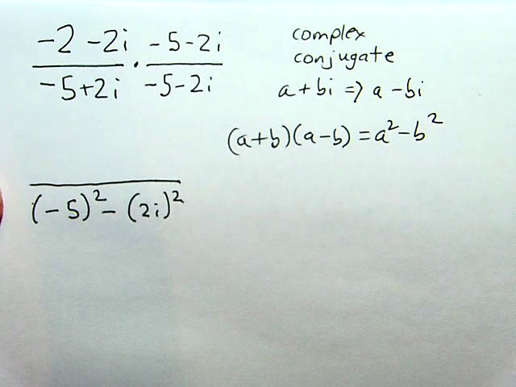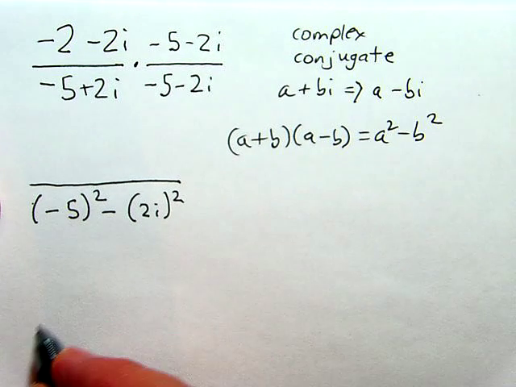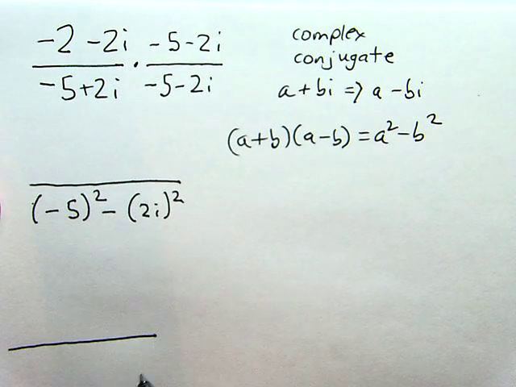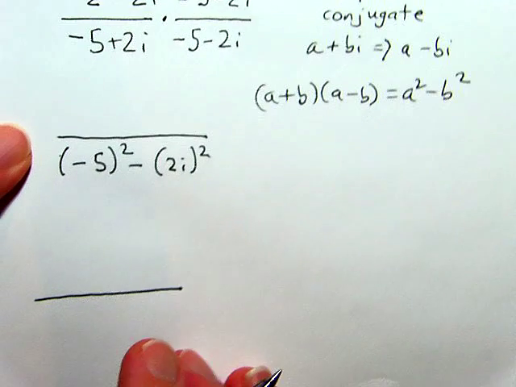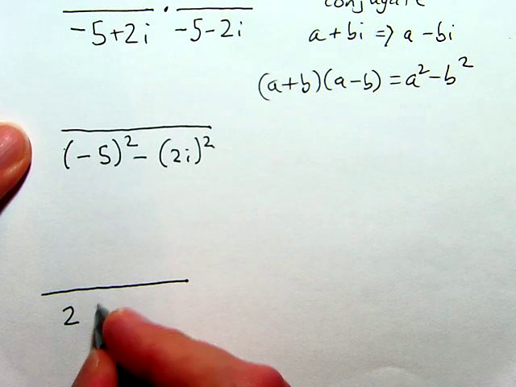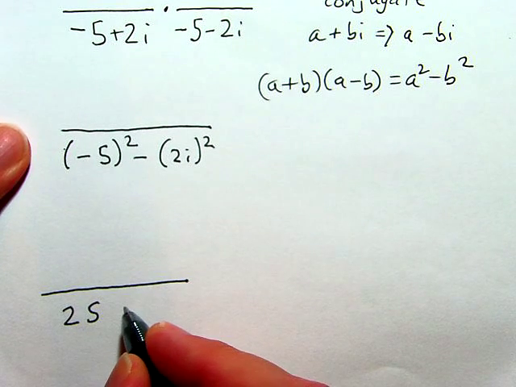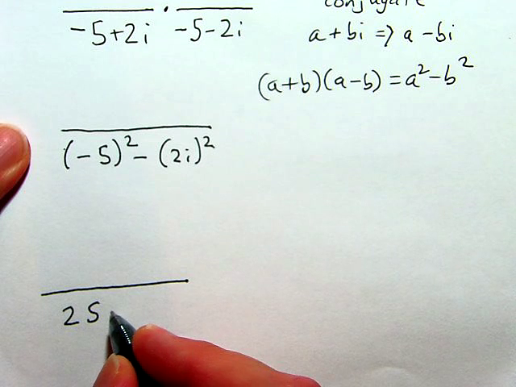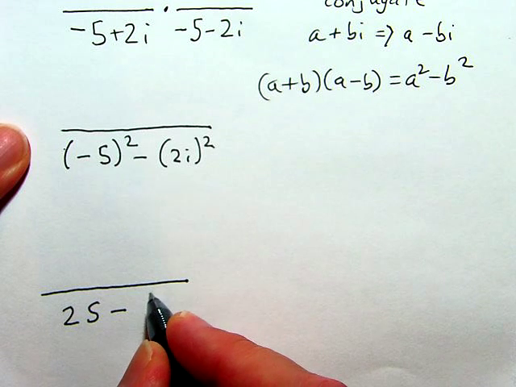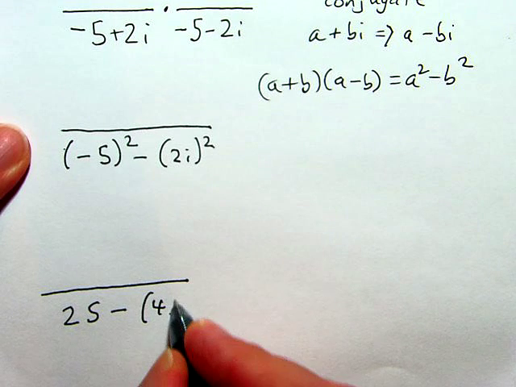So let's go ahead and at least simplify our denominator. Negative 5 squared is 25. Negative 2i squared is going to be, because we're not doing anything with a negative, 4i squared.